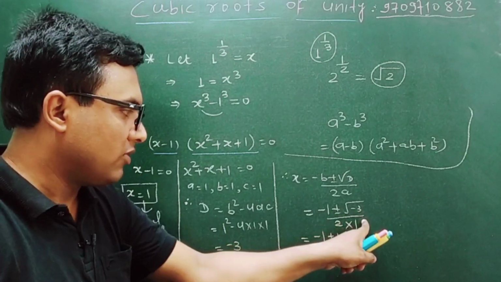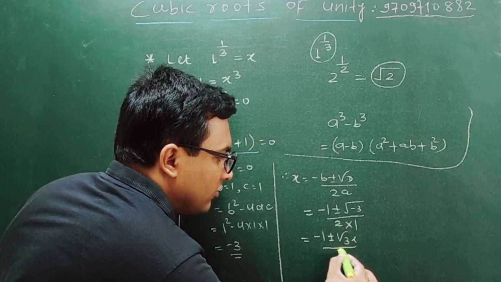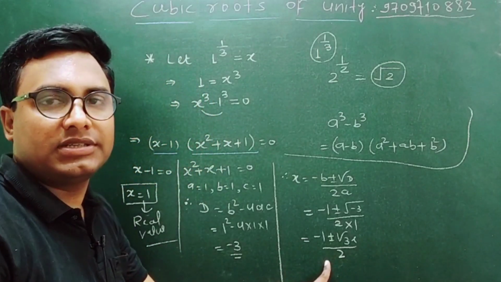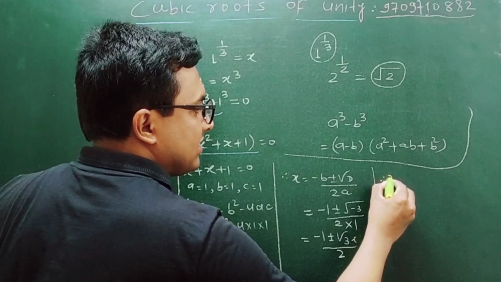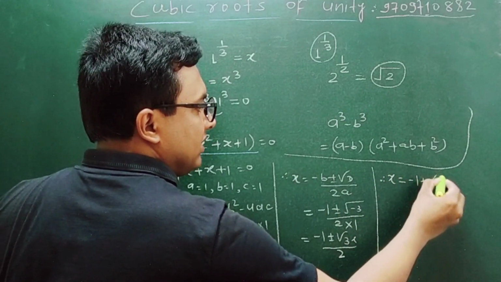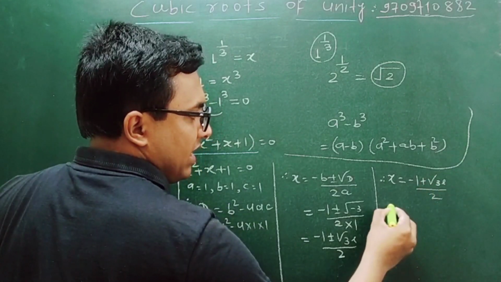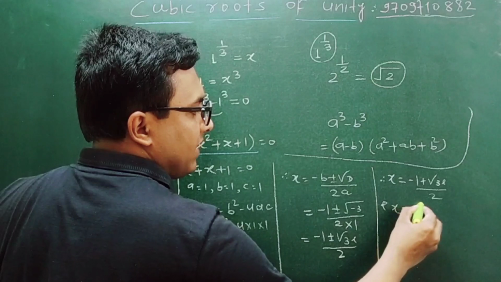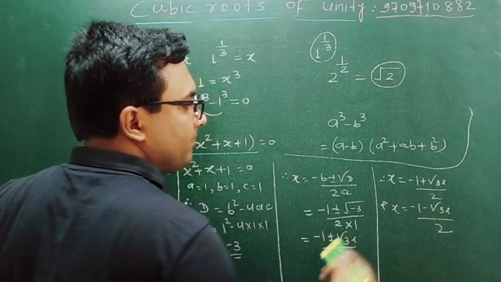We can write root under minus 3 as root 3 iota, right? There are two values here. Either x is equal to minus 1 plus root 3 iota upon 2, or x is equal to minus 1 minus root 3 iota upon 2.